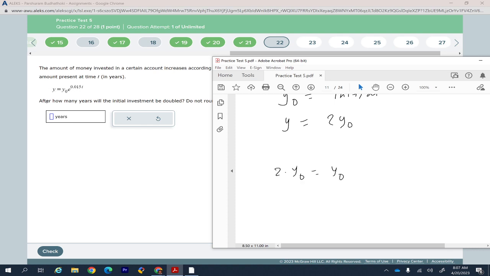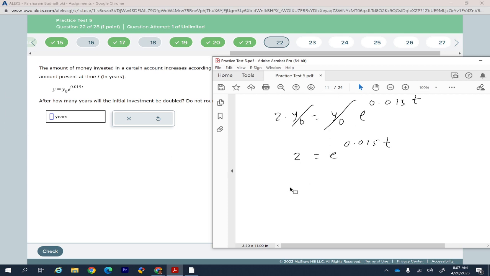Though you don't know what is y0, it doesn't matter because you are going to cancel this y0 because both of them have the y0 on the both sides. So just divide both sides by y0. So eventually this is the equation you would like to solve for finding the time.